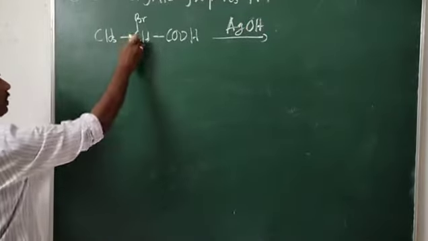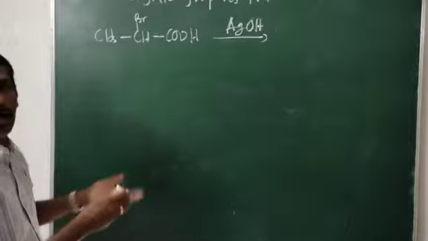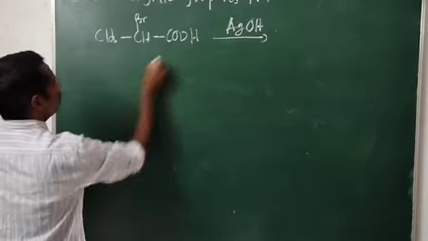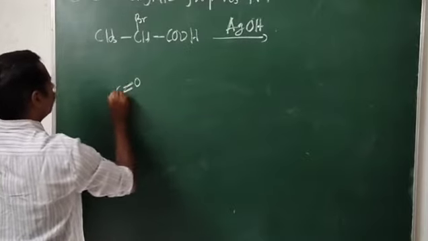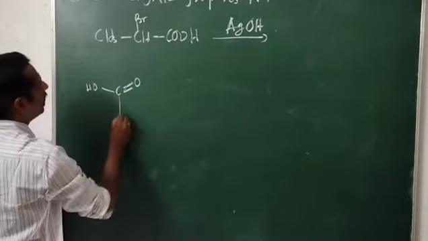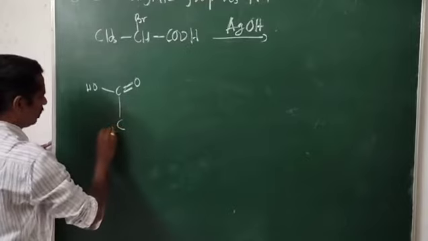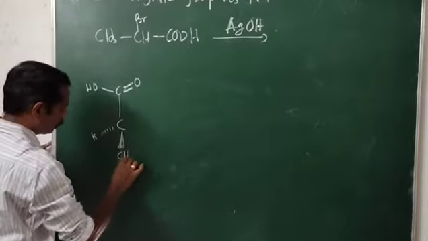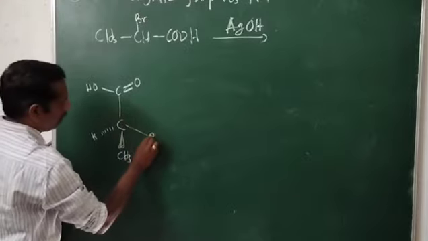So before that, look at it here, how this reaction proceeds. Okay, we can write C double bond OH, and this carbon C, here it is H, and here you can see that CH3, and here is Br.